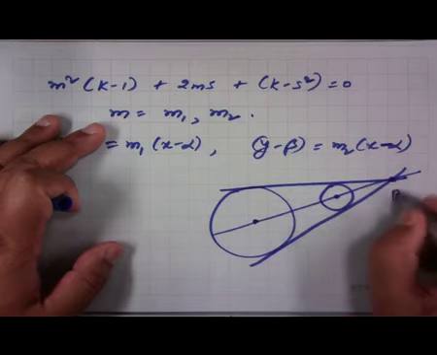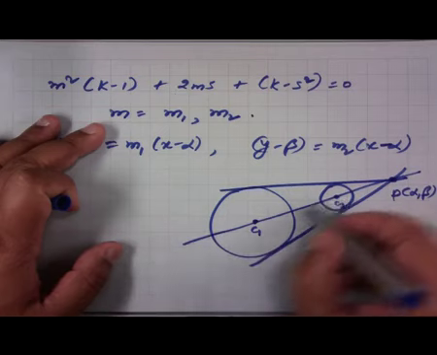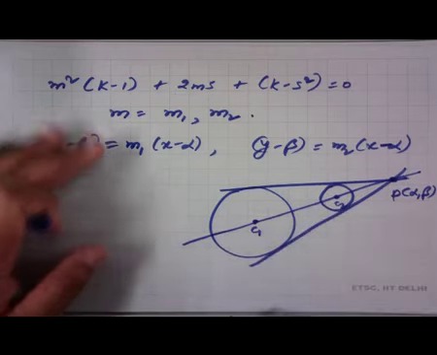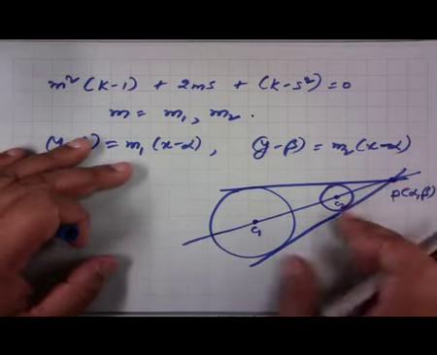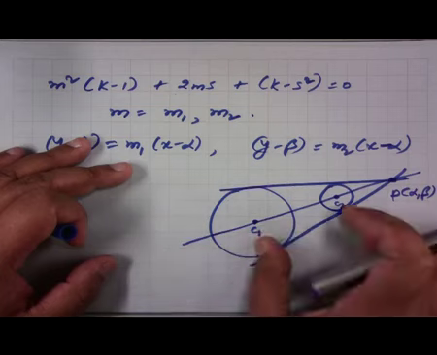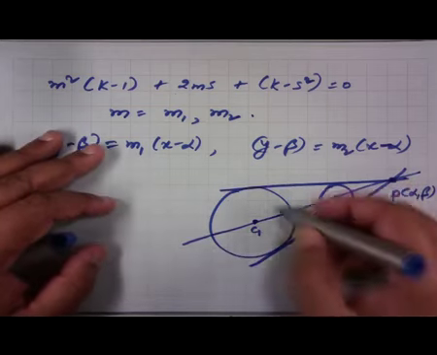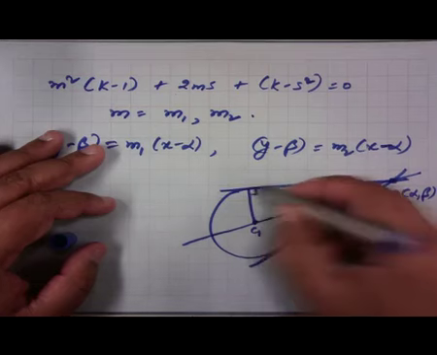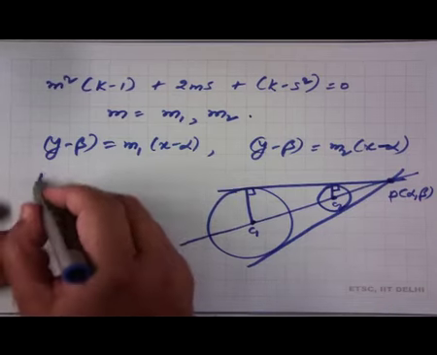So, this is the point of intersection alpha beta. This is the straight line joining the two centers, and we say that this point P divides this straight line externally in the ratio of the radii.